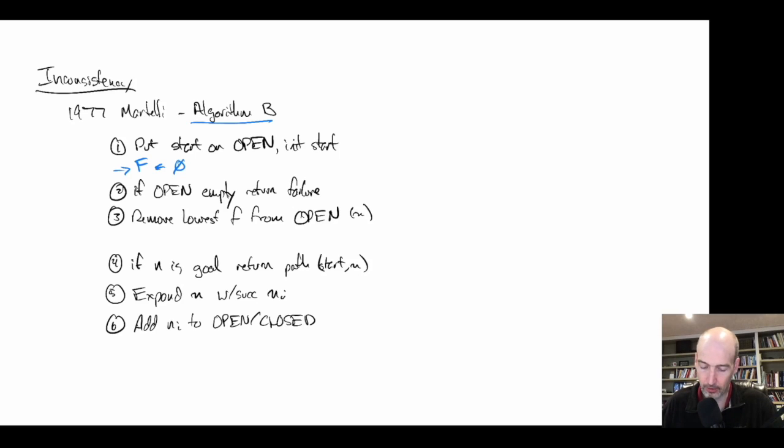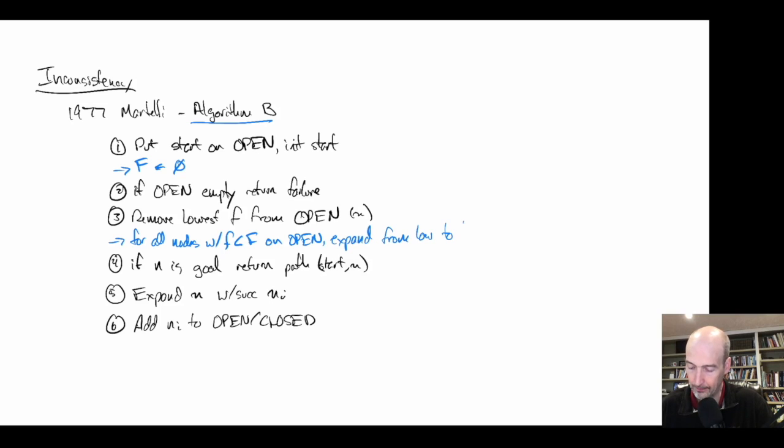Then there's a new step right here: for all nodes with f less than F on open, expand from low to high G. And this is what's important here.